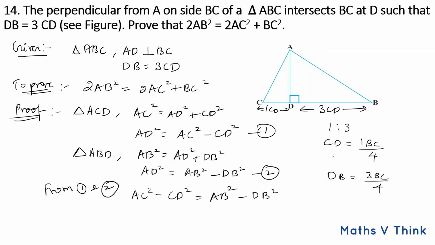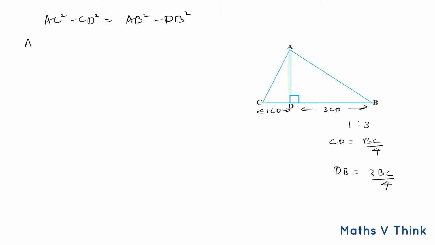So substituting CD and DB here, we get AC square minus, in place of CD, substituting BC by 4, the whole square, is equal to AB square minus, in place of DB, substituting 3 BC by 4, the whole square.